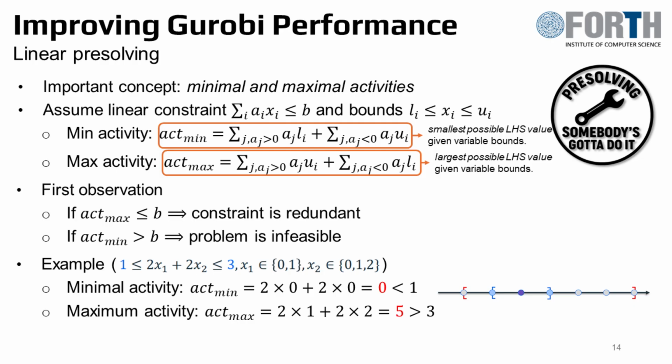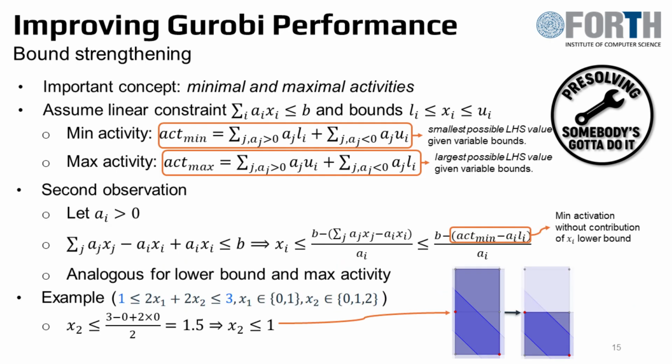The maximal activity occurs at x1 = 1 and x2 = 2. This gives 5. So the left-hand side can range between 0 and 5. Since 0 is less than 1, the lower inequality is active. Since 5 is greater than 3, the upper inequality is also restrictive. This simple arithmetic reasoning is the foundation of many pre-solve reductions.